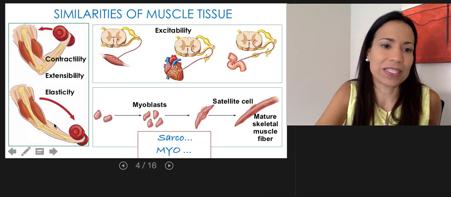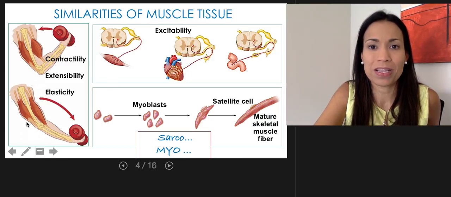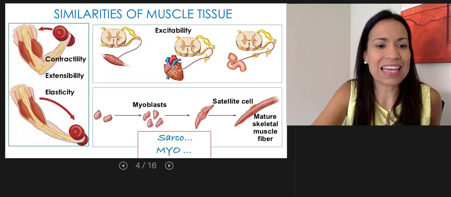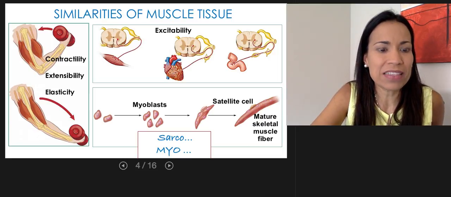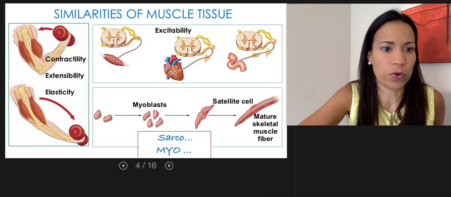Now, I'm going to take advantage of this picture to describe two important terms that we need to understand very well now in skeletal muscles. It has to do with the place of attachment of the skeletal muscle on the bone.